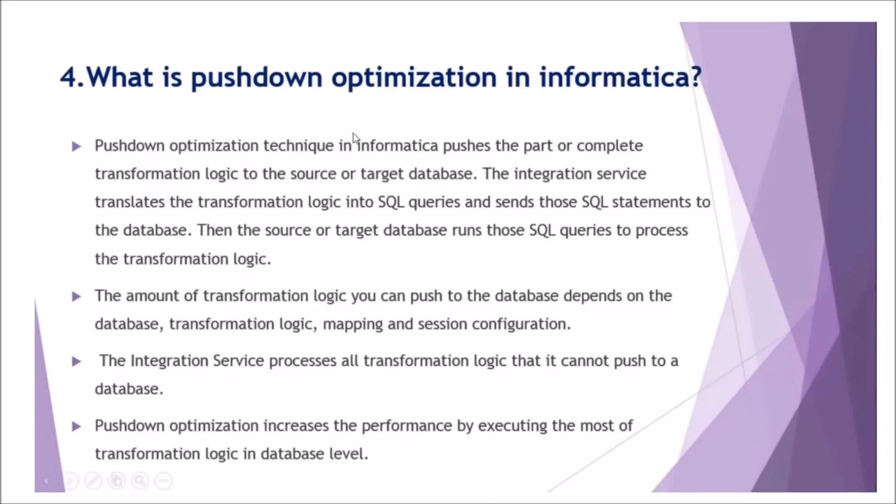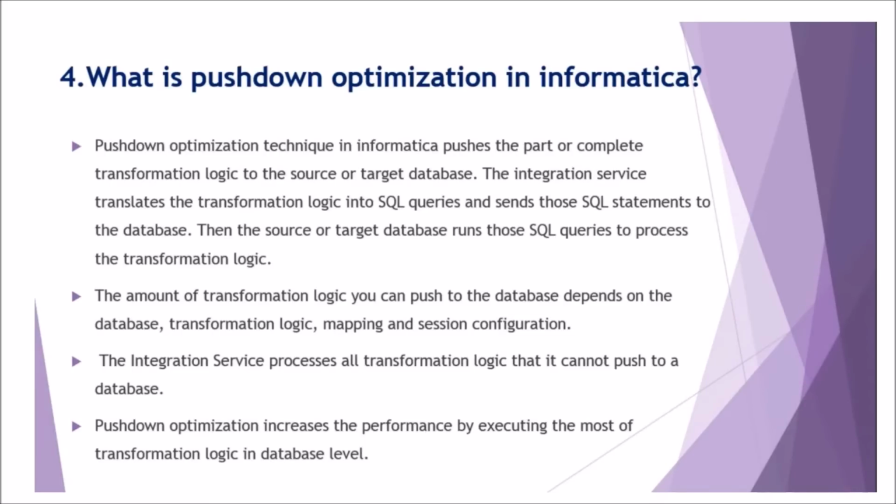The fourth question is, what is pushdown optimization in Informatica? The answer is, the pushdown optimization technique in Informatica pushes part or all of the transformation logic to the source or target database. The integration service translates the transformation logic into SQL queries and sends those SQL statements to the database. Then the source or target database runs those SQL queries to process the transformation logic.